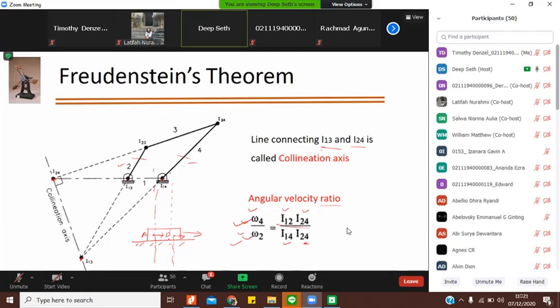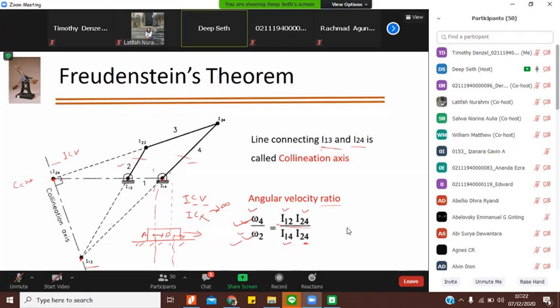Actually we are assuming that all the bodies which are moving are rotating, but actually this is translating, going in some other direction. So in no way is it rotating. That's why we call it ICV, instantaneous center of velocity, or we can also call it the instantaneous center of rotation. It's at infinity. While for other links, like I13 and I24, these are actually instantaneous centers of velocity, and you can also call them centers of rotation.